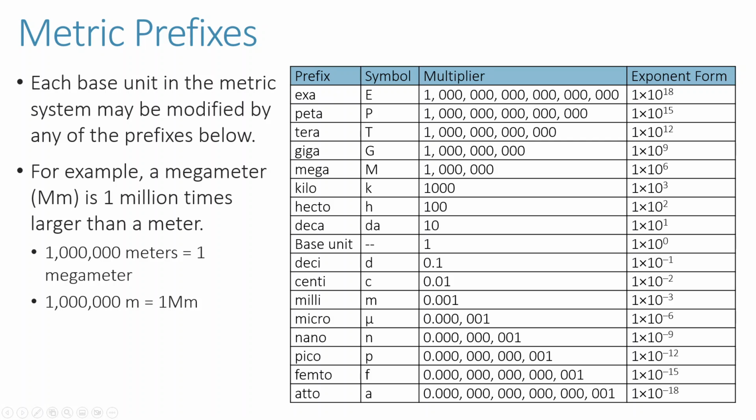So each base unit in the metric system can be modified by any of the prefixes that you see here. So for example, a megameter, capital M, lowercase m, is 1,000,000 times larger than a meter. So all of these multipliers can be added in front of whatever base unit.